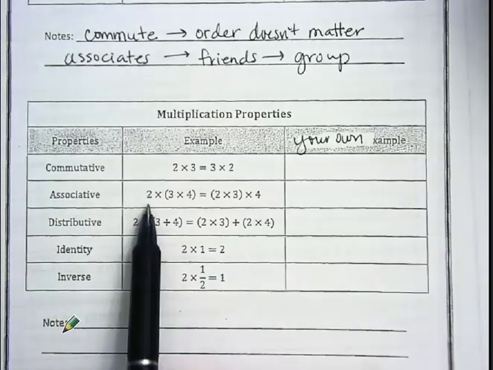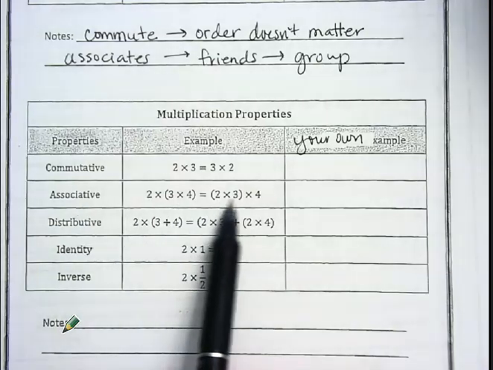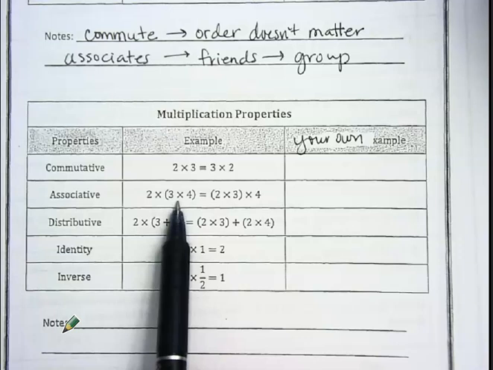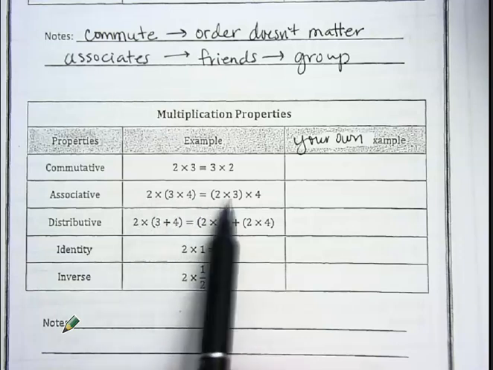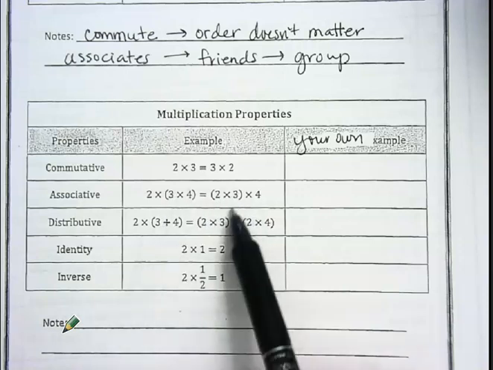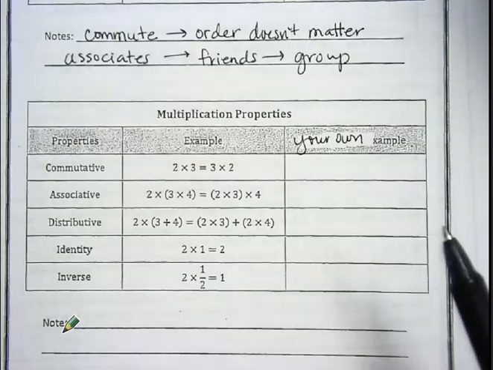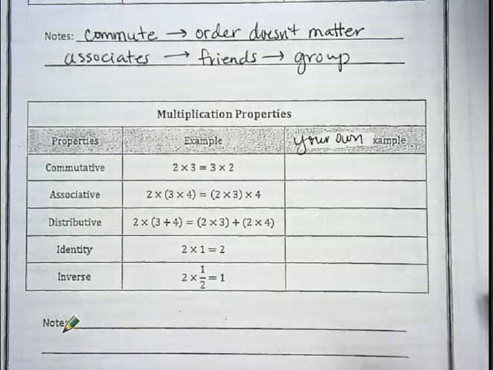With associative property, if you're multiplying multiple things, the grouping of them doesn't matter. Notice how the order stayed the same here, 2, 3, 4, 2, 3, 4. The grouping changed, but if you follow your order of operations, you'll still end up with the same answer, regardless of which two numbers are grouped together in the beginning.